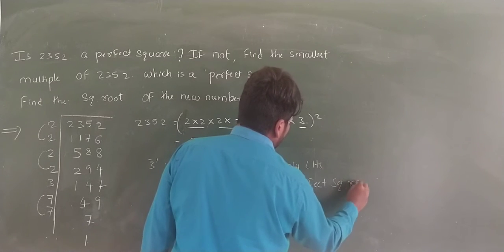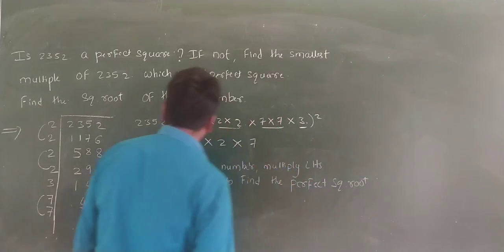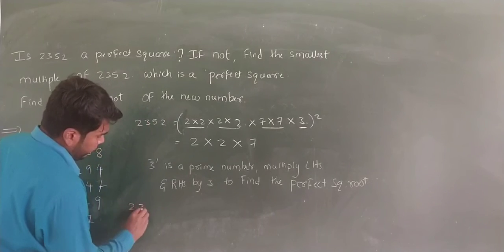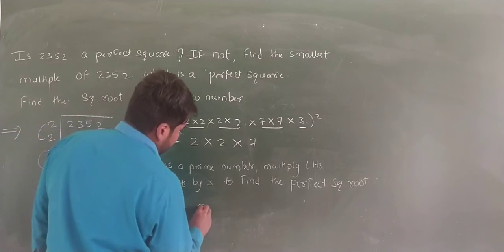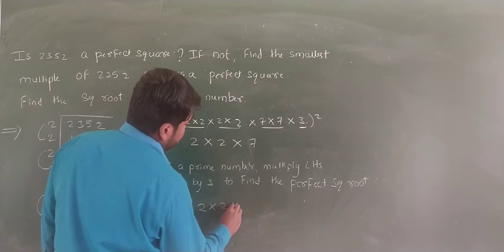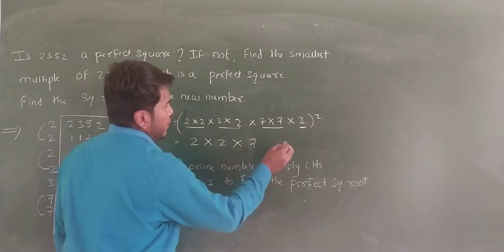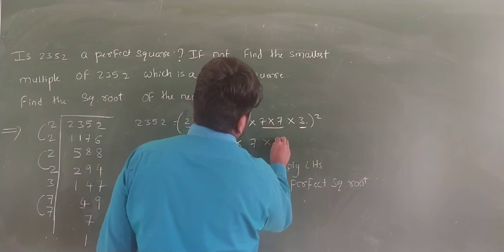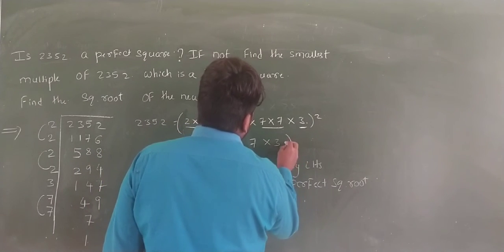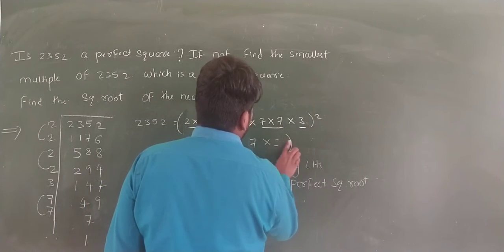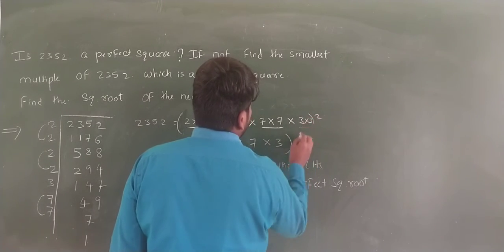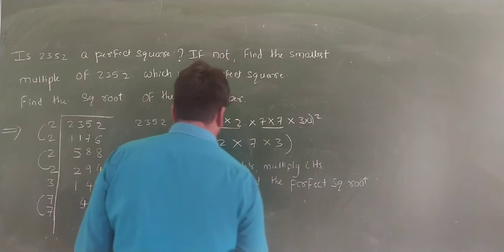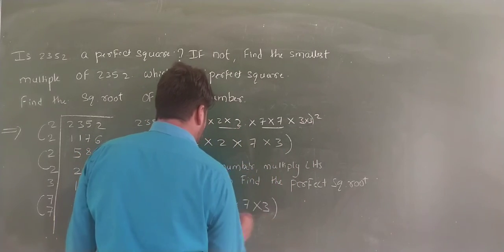Okay, so just multiply 2352 into 3, which equals 2 into 2 into 2 into 2 into 7 into 7. If you multiply this into 3 into 3, you have only one pair. So from this pair of 3s write one 3. So just multiply this into 3 whole square.